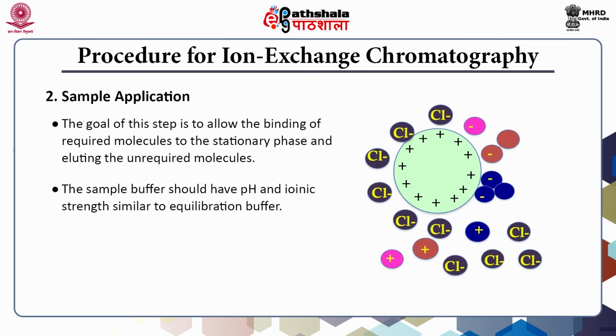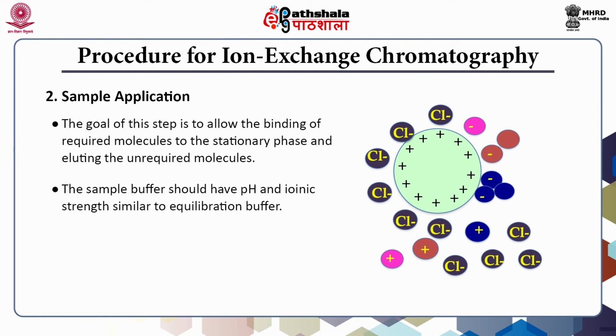In this picture, we can see that all positively charged molecules are eluted out, because there will be repulsion between the positively charged ion exchange surface and positively charged molecules. That is why they will not bind on the surface of the stationary phase. That is why they will be eluted out.